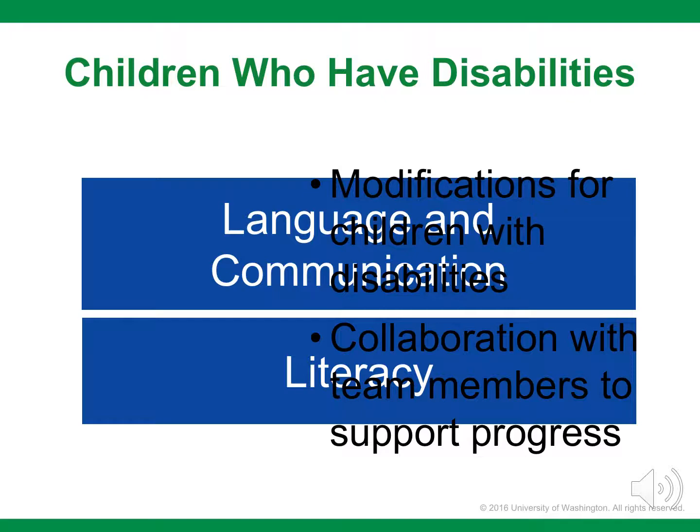Adjustments are also required for children with disabilities. Observation and assessment may need to be more frequent and precise to match specific children's learning characteristics. All team members work together to use observation and assessment to help children with disabilities progress in the classroom.